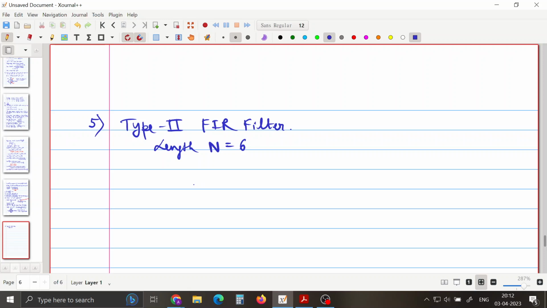If you recall your lecture notes, remember for type 2, in the pole-zero plot, we had a zero at z equals minus 1. There is guaranteed to be one zero at z equals minus 1 for a type 2 FIR filter, which is why it can't be used for designing high pass filters.